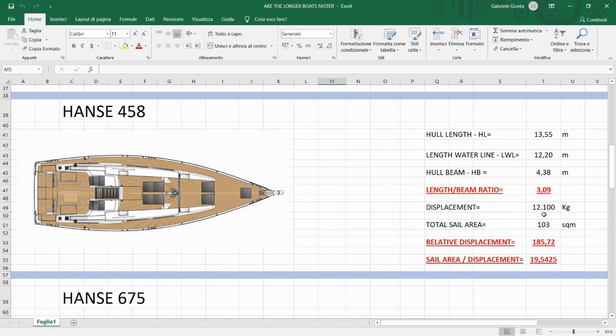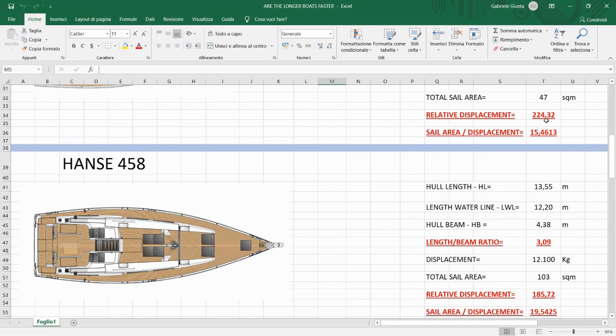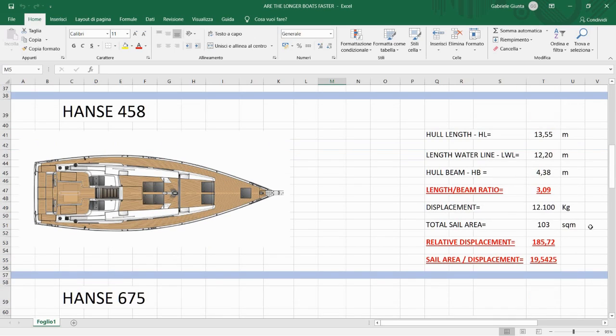And the displacement is 12 tons and 100 kilos. Total sail area 103 square meters. So the relative displacement is 185.7. Before was 224. So we are going better, we are lighter, relatively speaking.